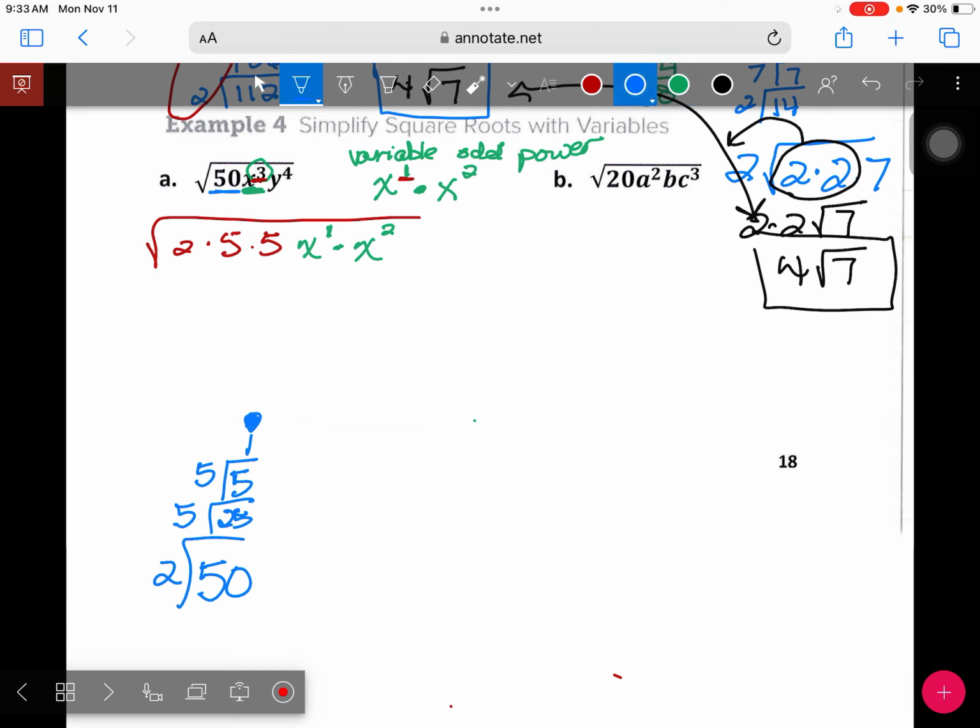Then if you have a variable to an even number, so you might want to write this in, a variable to an even numbered power, I want you to take that exponent and divide it by 2. So y to the fourth is going to be y to the second, because 4 divided by 2 is 2, times y to the second.